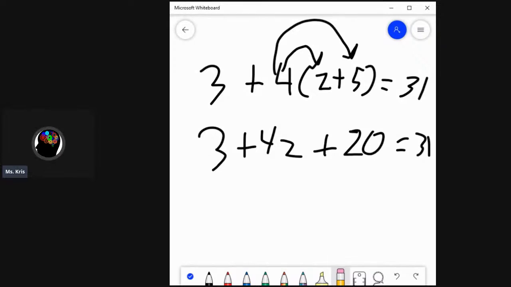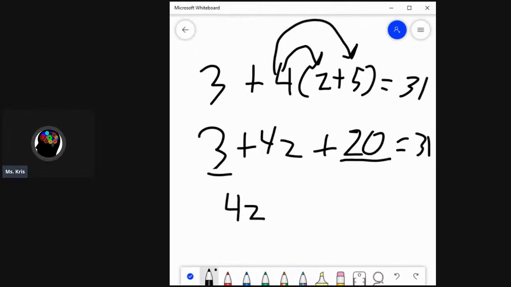Okay, so now 3 plus 4z plus 20, that equals 31. So now I'm going to combine like terms on the left side, because there are terms that are alike, which is the 3 and the 20. So I would bring down my 4z, because that has nothing to combine with.